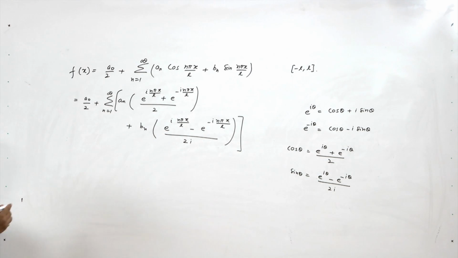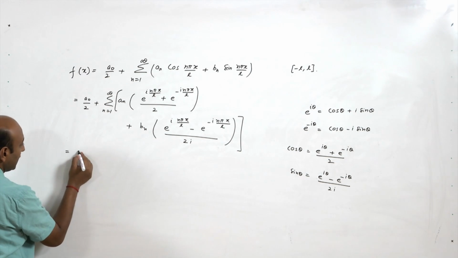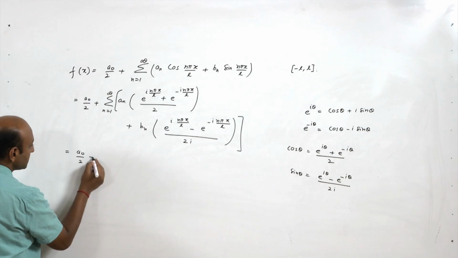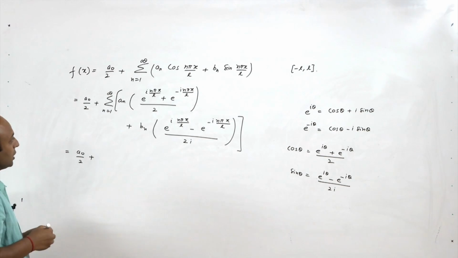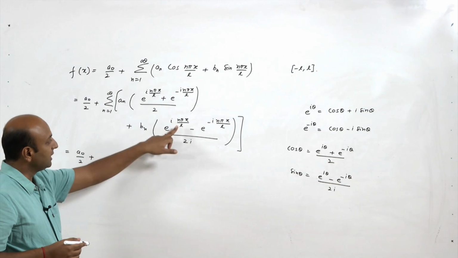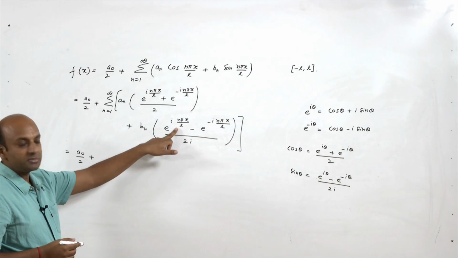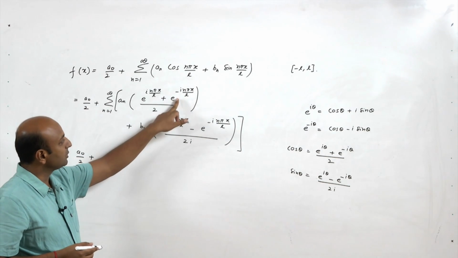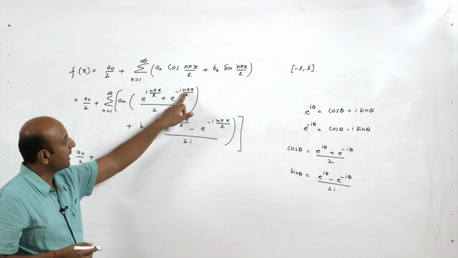Now, this can be further written as a naught upon 2 plus, now e to the power iota n pi x by l is here and here also. Let us combine these two terms, and again combine the terms with e to the power minus iota n pi x by l.